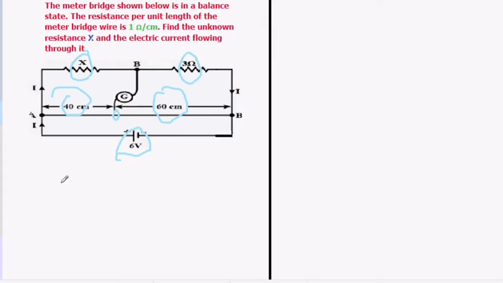Now we are going to use the meter bridge formula to find this. We know that for a meter bridge, R1 over R2 is equal to L1 over L2. L2 is actually equal to 100 minus L1.